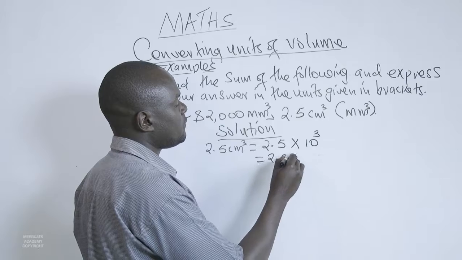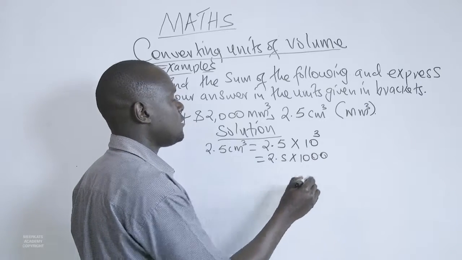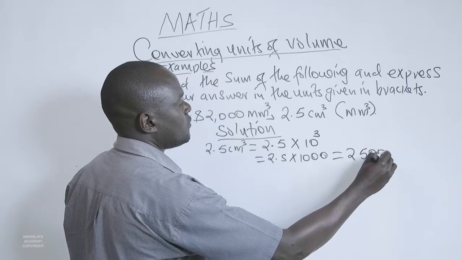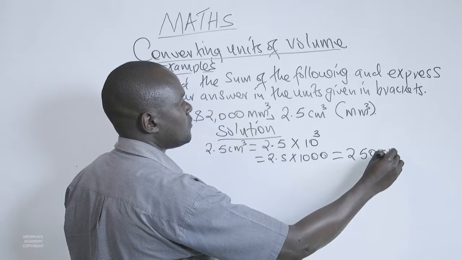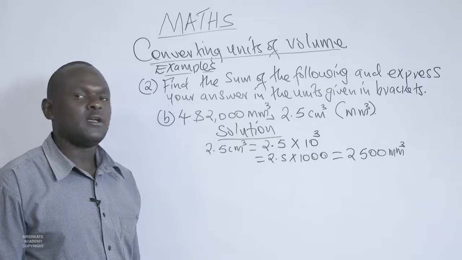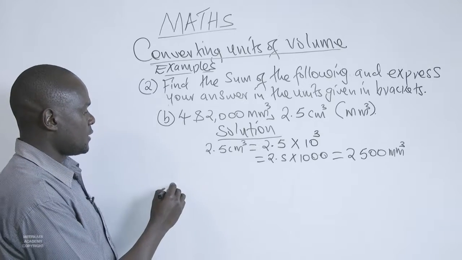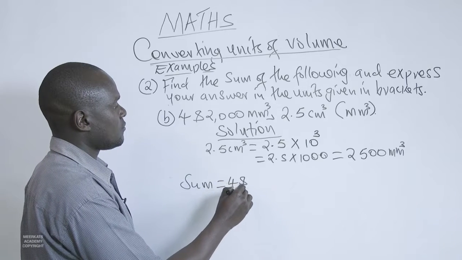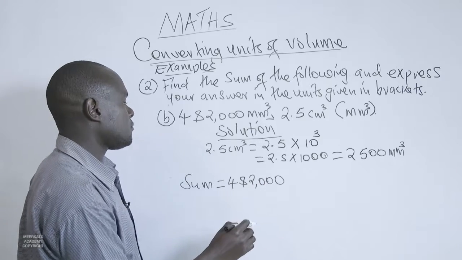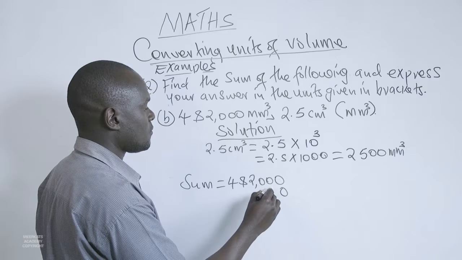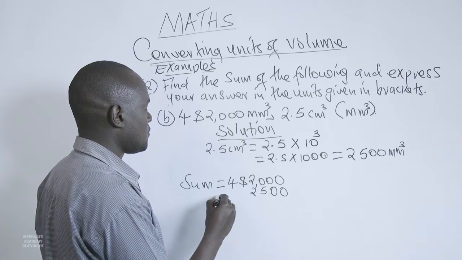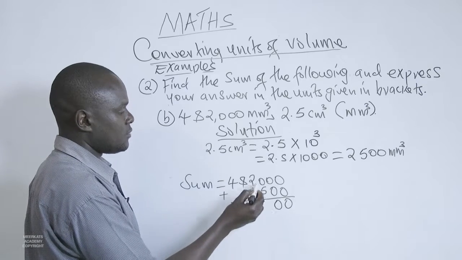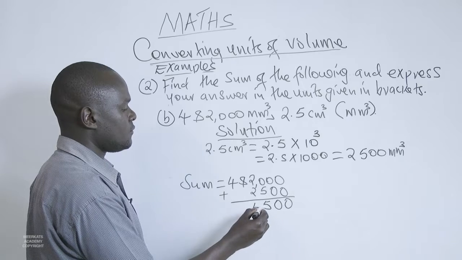This is the same as 2.5 multiplied by 10 times 10 times 10, which is 1,000, giving us 2,500 cubic millimeters, so that we can now find the sum. 0 plus 0, 0 plus 0, we get another 0, 0 plus 5, 2 plus 2, 4.